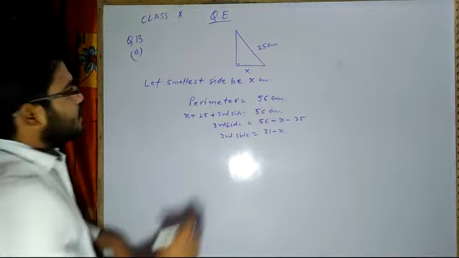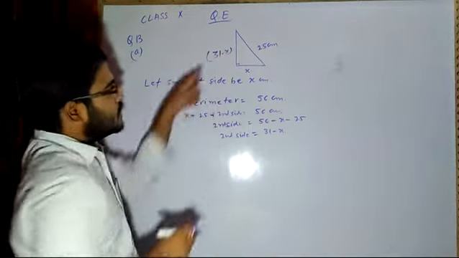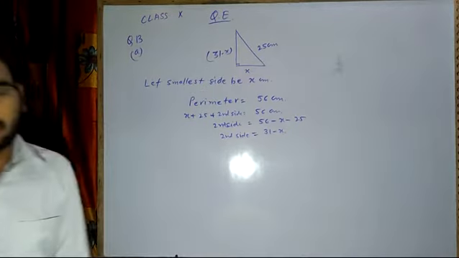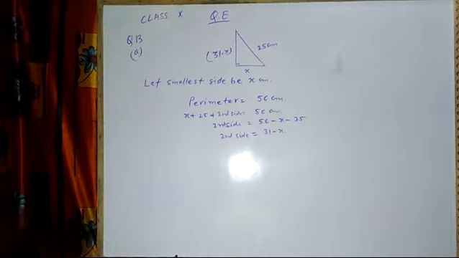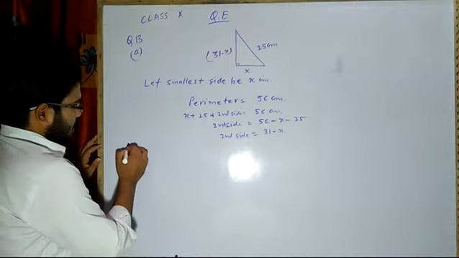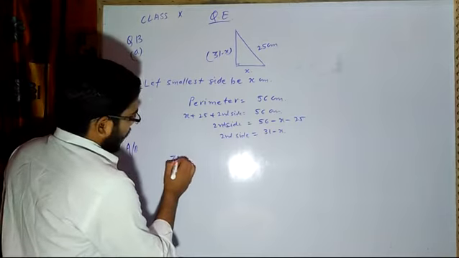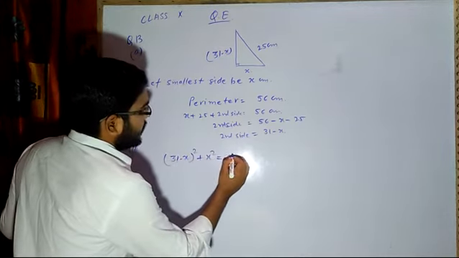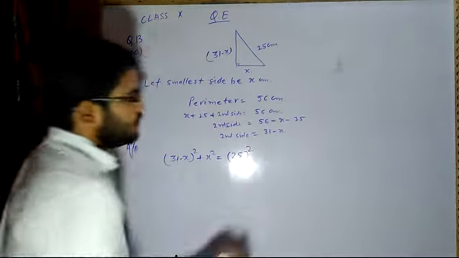Now this side is 31 minus x centimeter, this is x centimeter, this is 25 centimeter. Now we can apply the formula and then solve. So (31 minus x) whole square plus x square will be equal to 25 whole square by using Pythagoras theorem.